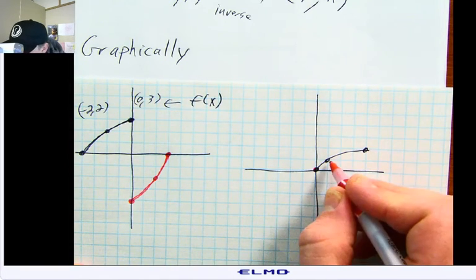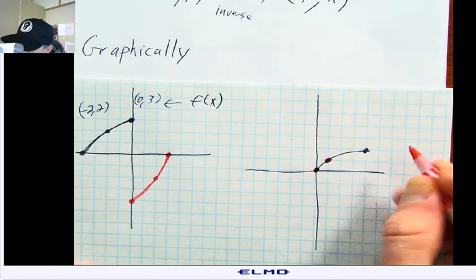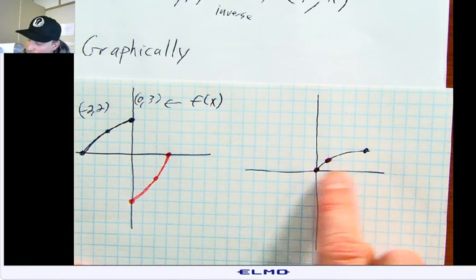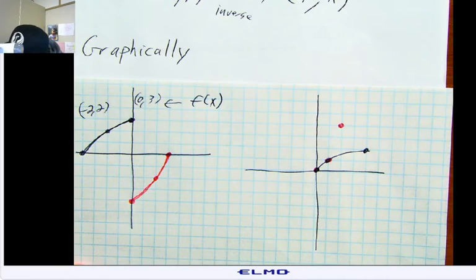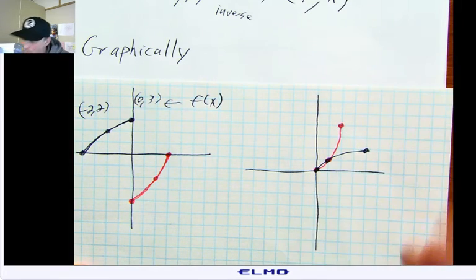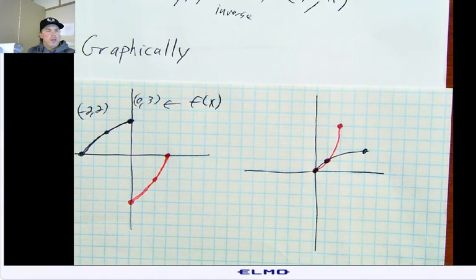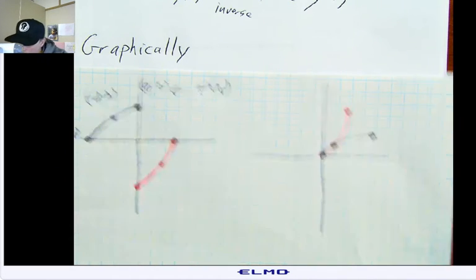The inverse of (1, 1), if you switch it, would still be (1, 1). But the point (4, 2) becomes the point (2, 4). And then if we connect those dots, we'd get something like that. Now, are you noticing some kind of pattern? Hopefully. Let's do one more example.